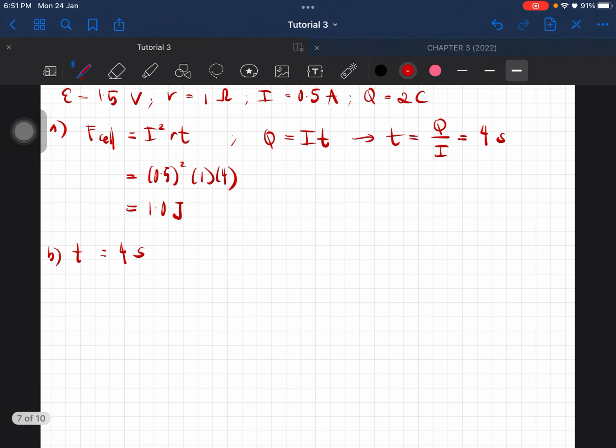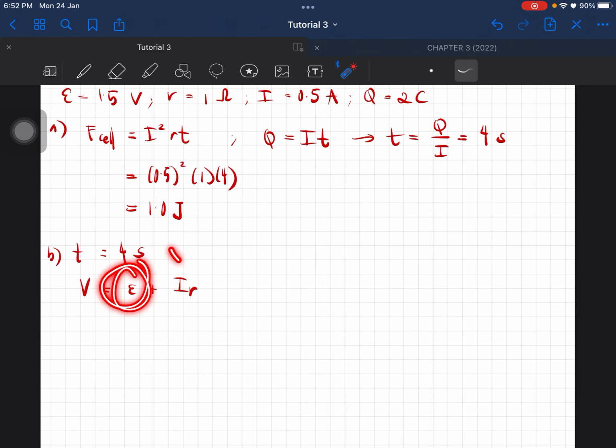Instead of using the EMF, we are going to use V equal to EMF minus IR. Why are we using V? Because this is for the external circuit. We cannot use EMF because that is only for the cell, for the battery only. So V will be equal to 1 volt.